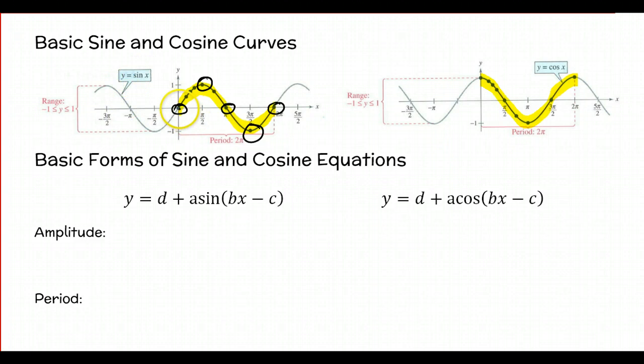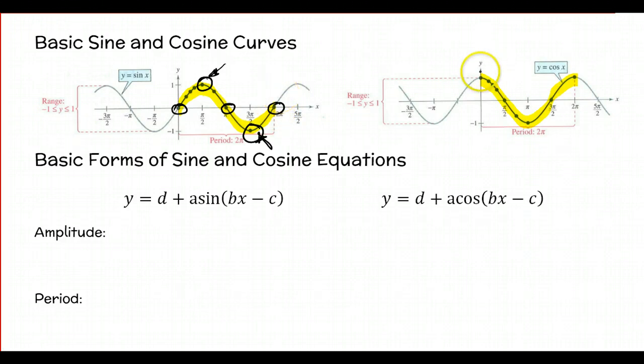So at 0 radians, our y-coordinate is 0. At pi over 2 radians, our y-coordinate is 1. That's why we're up here. And then over at pi again, the y-coordinate is 0. Over at 3 pi over 2, down on the bottom of the circle, the y-coordinate is negative 1. That's why we're down there at negative 1. And then once we come back to the beginning, 2 pi, the y-coordinate again is 0.